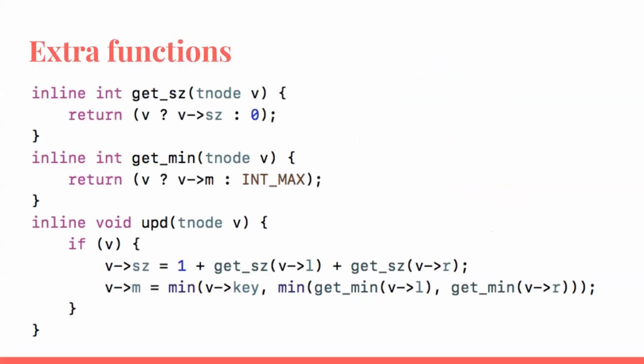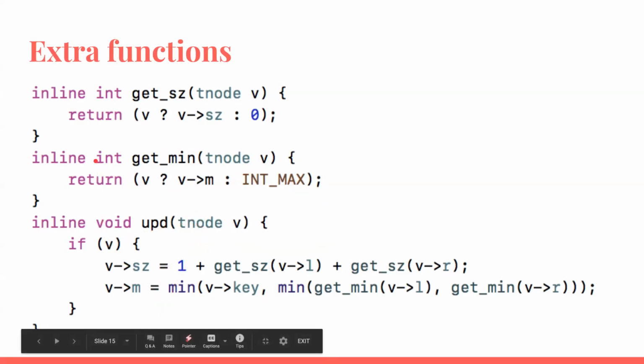Okay, let's continue. So some extra functions. If we want to get the size, we just get the size, but first we should check that v exists. If it does not exist, we just return 0. The same with getMin. If v exists, we return the minimum. If it does not exist, we return the maximum. And the update function. In the update function, we also should be sure that v exists.